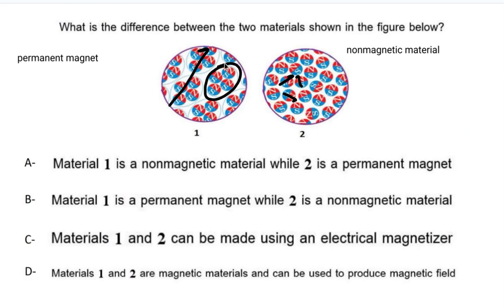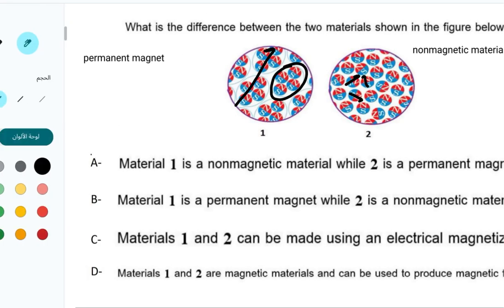So let's look at our choices. 1 is a non-magnetic material, while 2 is a permanent magnet. So let's look. That's not what we wrote. So A is wrong. Material 1 is a permanent magnet. Yes, that is true. Material 2 is a non-magnetic material. That is true, based on what we wrote.